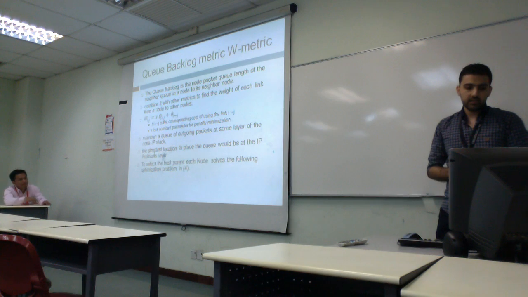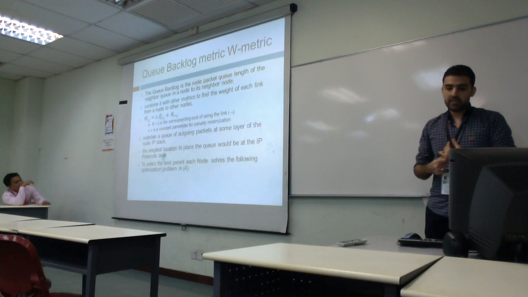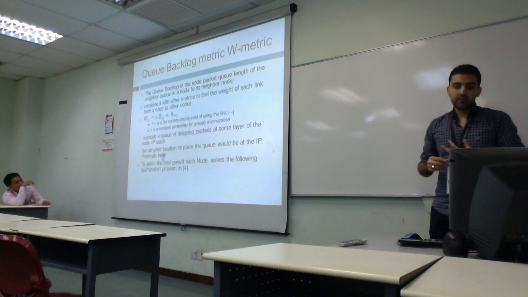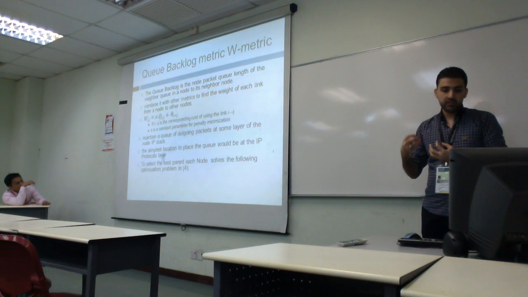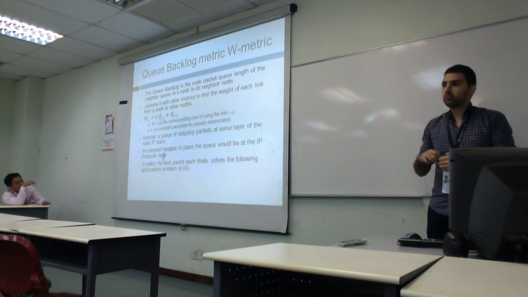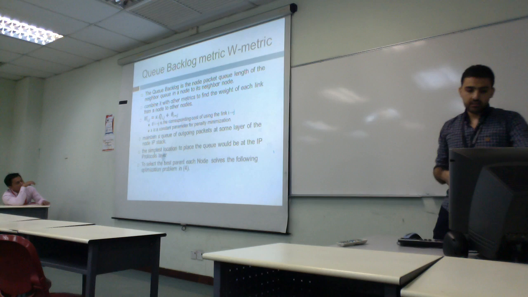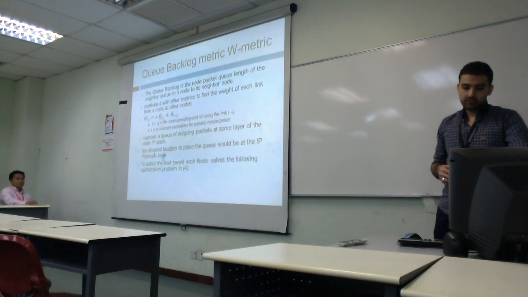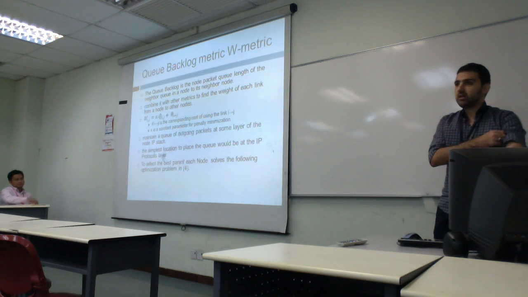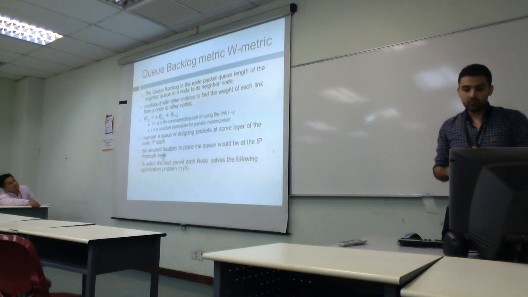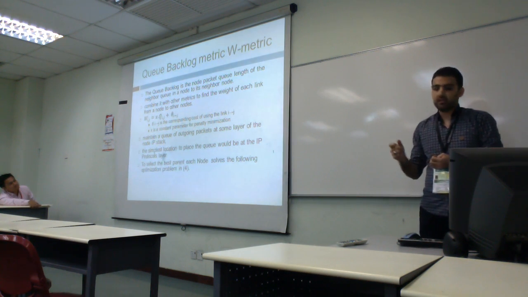Q backlog metric, W metric, our metric. The Q backlog, as I said, is the packet queue length of the neighboring queue in a node to its neighbor node. We have to combine this metric with other metrics to find the weight of each link from a node to other nodes. So the W metric, W_ij, is equal to a constant value times Q_ij, which is the Q backlog value, plus theta_ij, which is the corresponding cost of using the link ij.